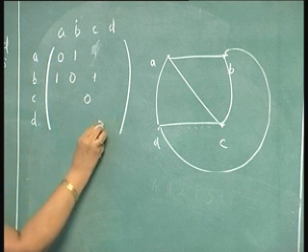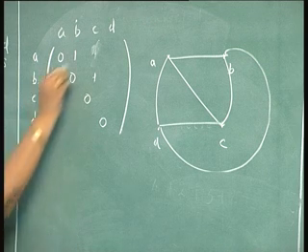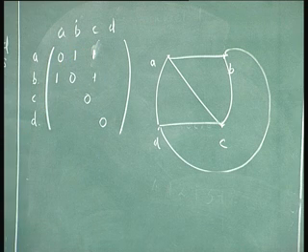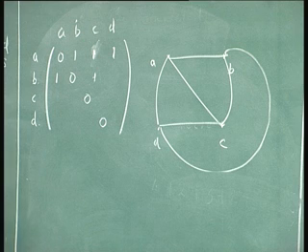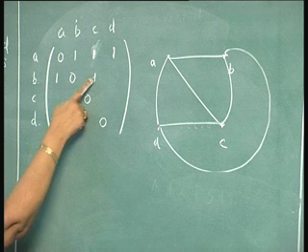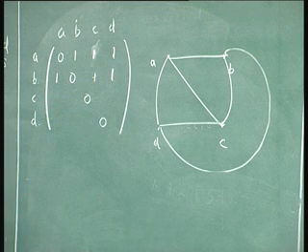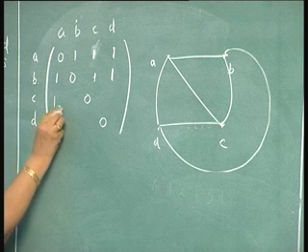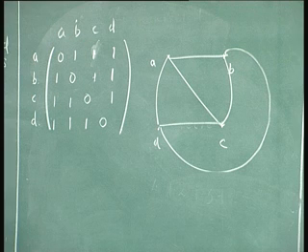If a self loop is there, you will have a 1 in the diagonal. There is an edge between A and C, so 1. There is an edge between A and D, that is again 1. There is an edge between B and A, B and C, and B and D. This example happens to be like this.